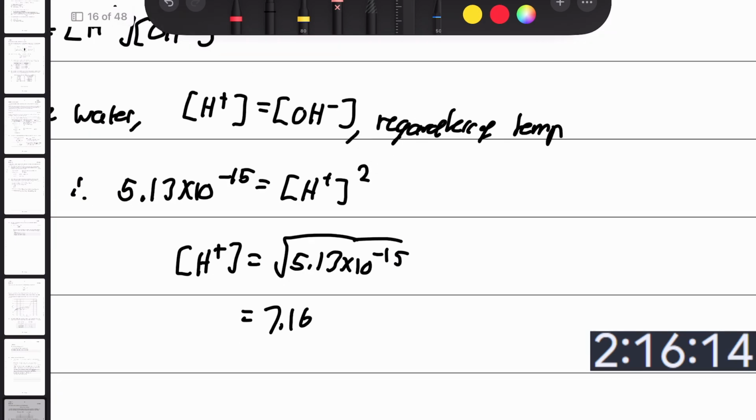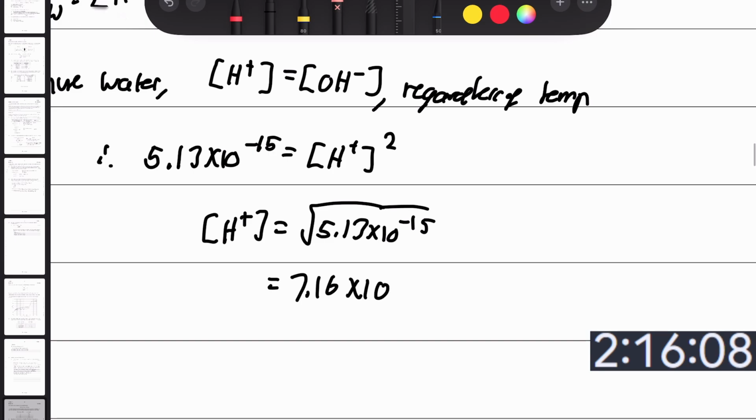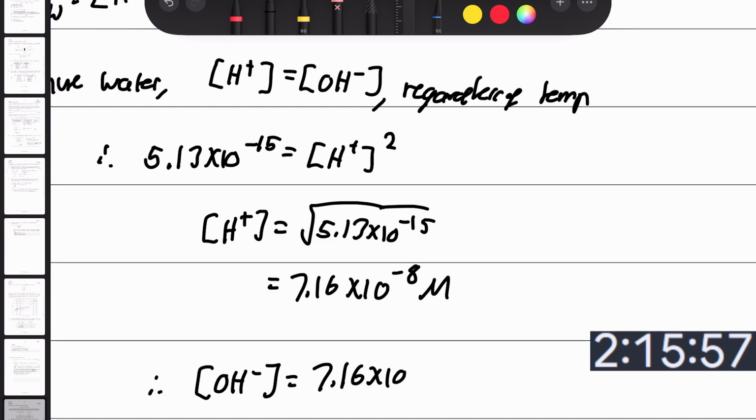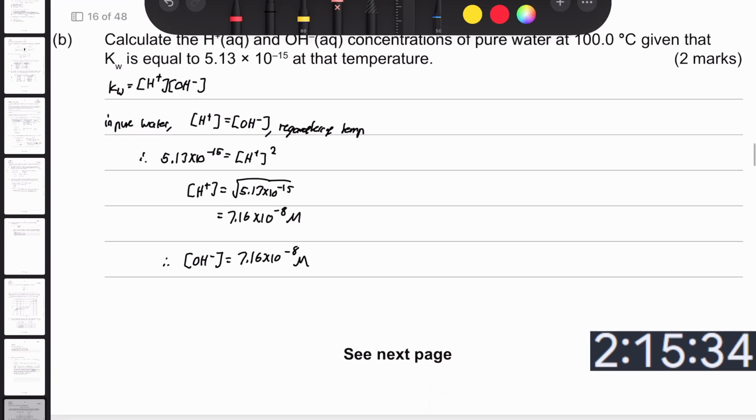It's going to be 7.16366 times 10 to the negative 8. Therefore, my concentration of OH- is also equal to 7.16 times 10 to the negative 8. So that's small. Let's see, 7.16 times 10 to the negative 8 squared gives me 5.13 times 10 to the negative 15. Nice.